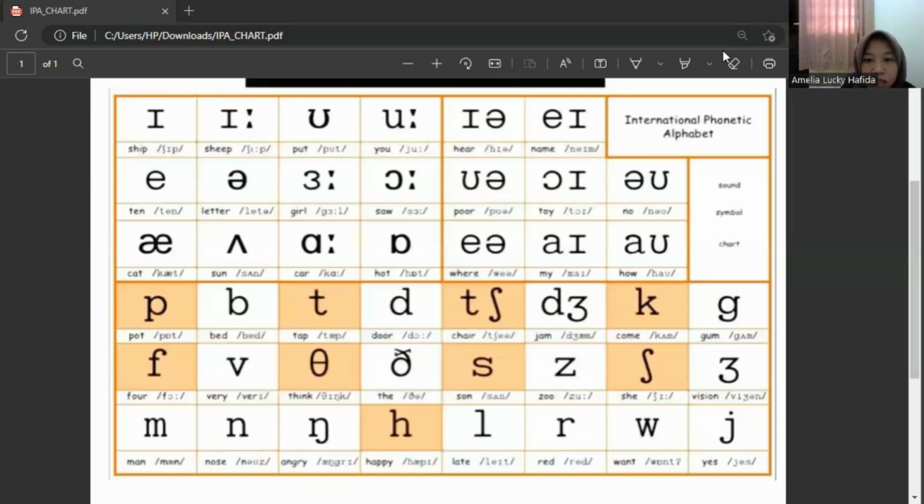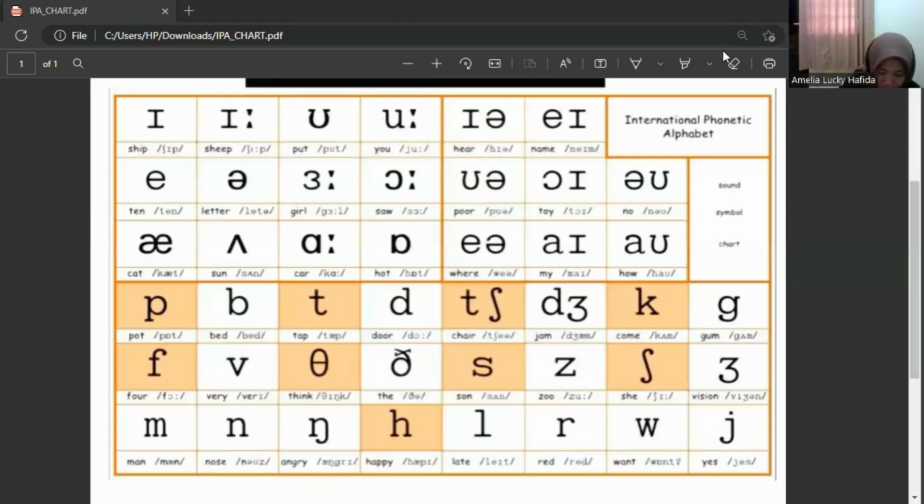Next is s sound. For example, son, son, son. Next is z sound. For example, zoo, zoo, zoo.